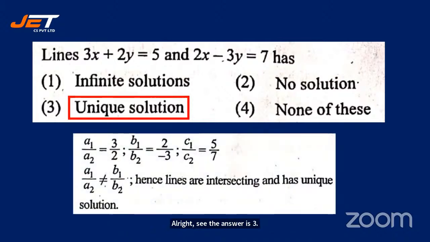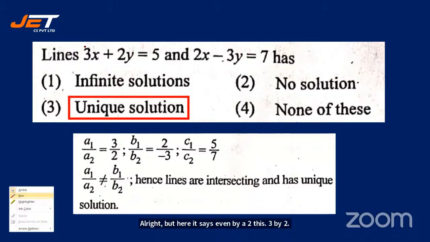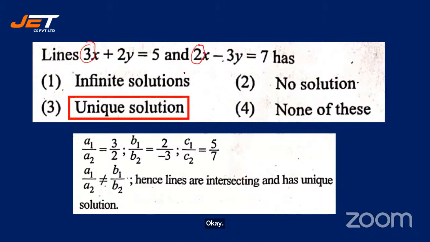How? When such equations are given, you have to follow this method. A1 by A2 is equal to B1 by B2 is equal to C1 by C2. But here A1 by A2 is 3 by 2. What is B1 by B2?